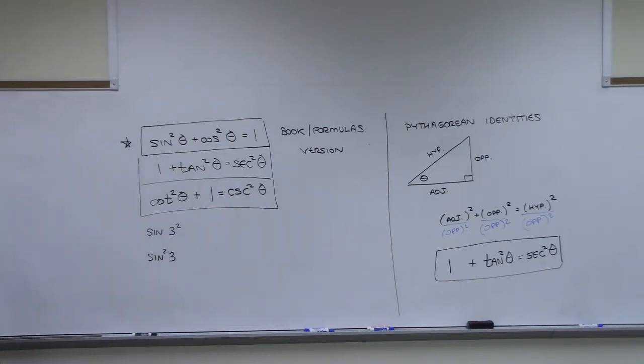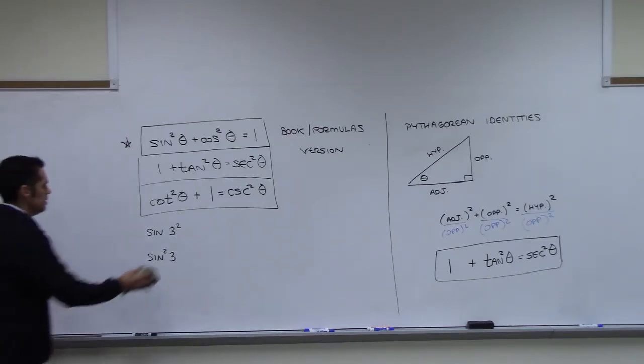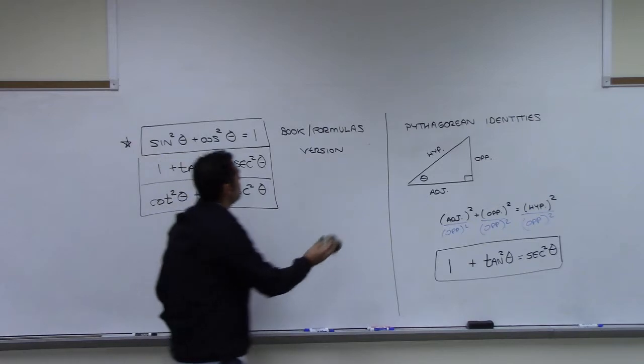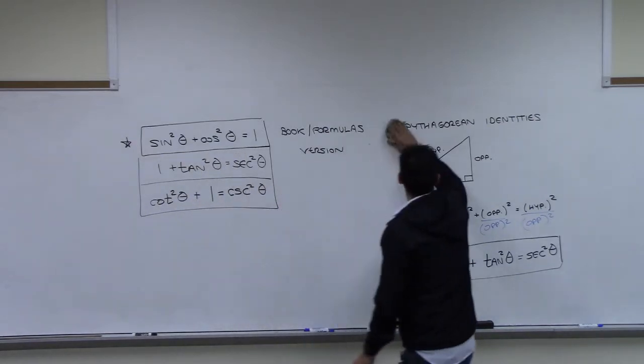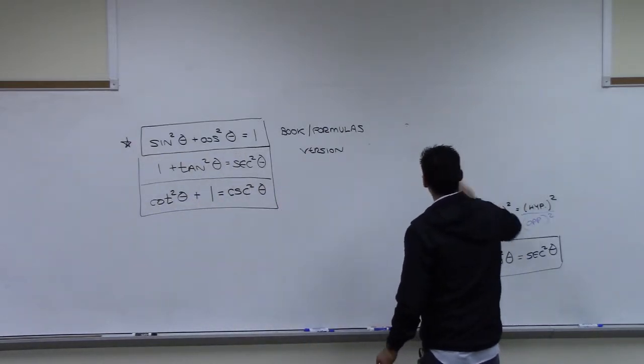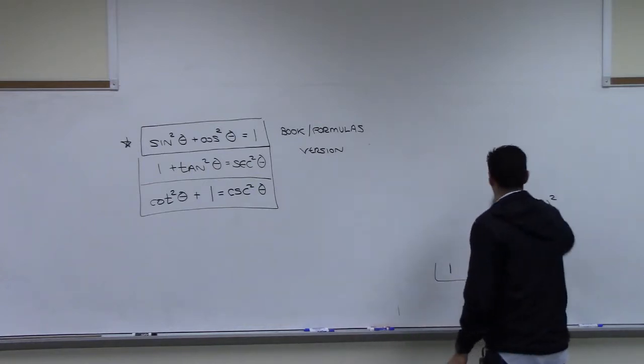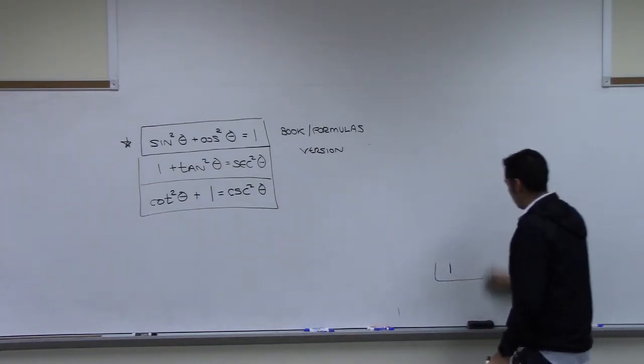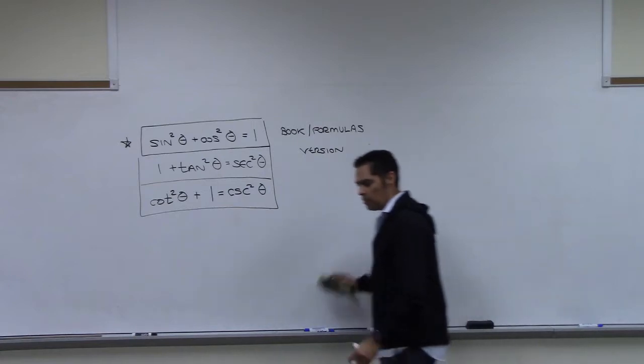You've got to have that one burned into the brain. I may have mentioned this to you before, that I'm not a real big memorizer. Like when I was a math student, I didn't like having to memorize hundreds of formulas.